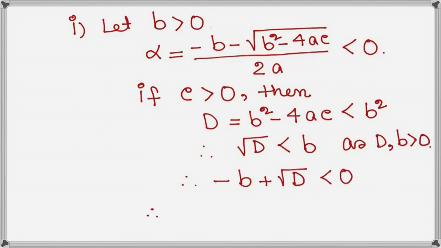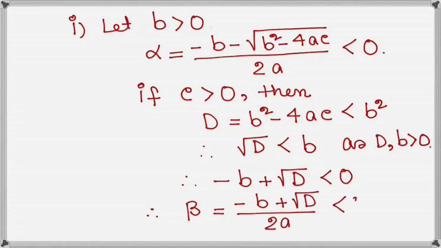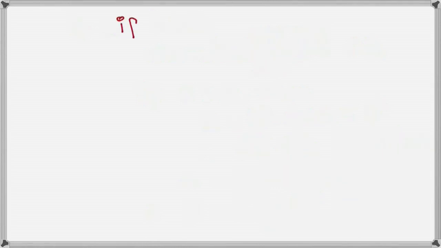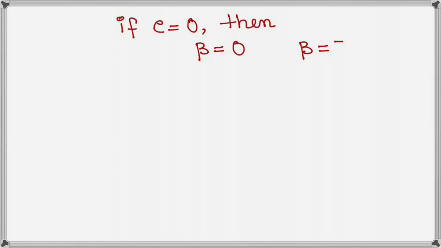So therefore beta, which is minus b plus square root of d divided by 2a, is negative. If c is equal to 0, then we have beta is equal to 0, because beta is minus b plus square root of b square minus 4ac.